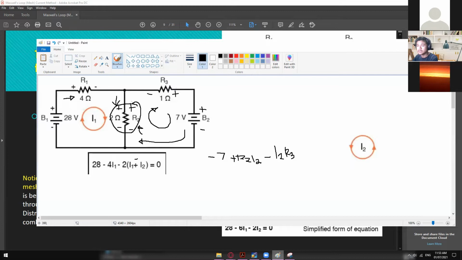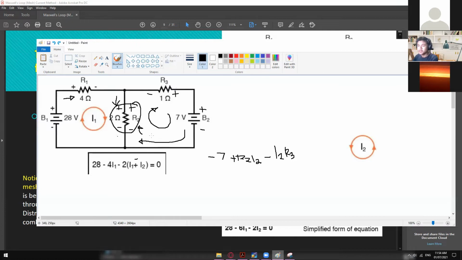This is only the indicator at this point. Okay, -2 times I sub 1, and then check if they have the same flow of current. If they are the same, then it's positive. But if they are contradicting like this one, going down and then going up, then this one will become negative I2. So that's basically what will happen if they have different flow of current.